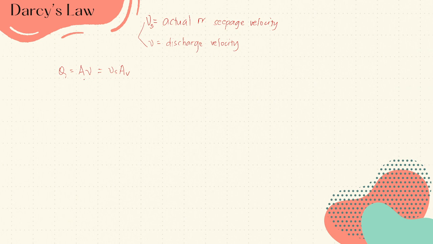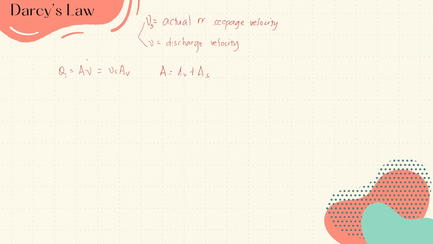Noting that the gross area is equal to the area of voids plus the area of solids, I would like to emphasize that the gross area goes with the discharge velocity, while when we are talking about the seepage velocity, we are only considering the area of voids. So let's proceed.